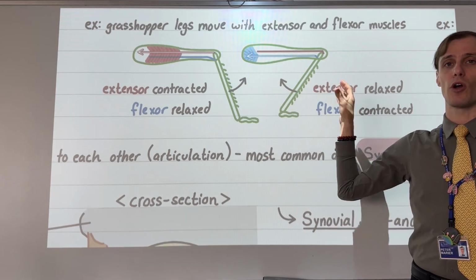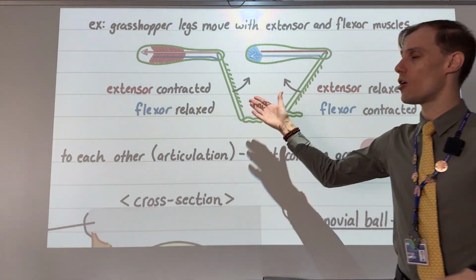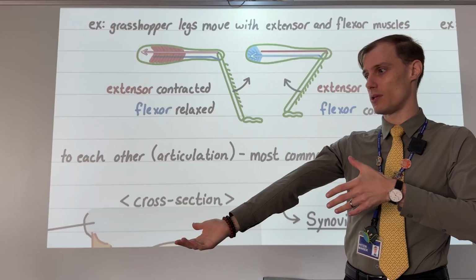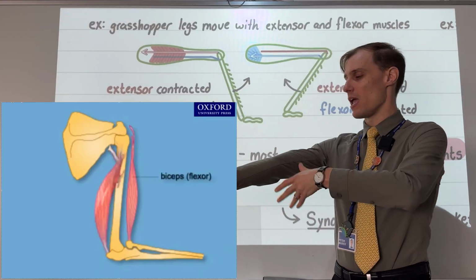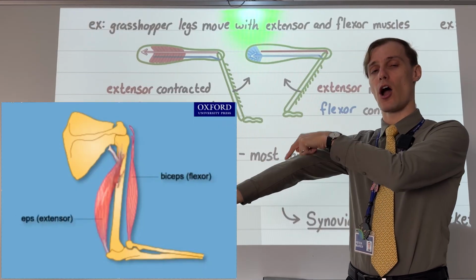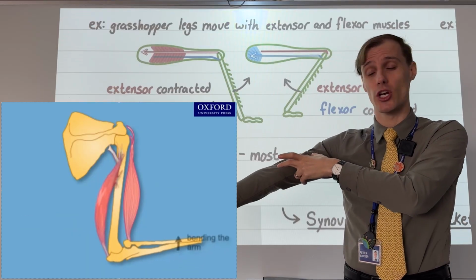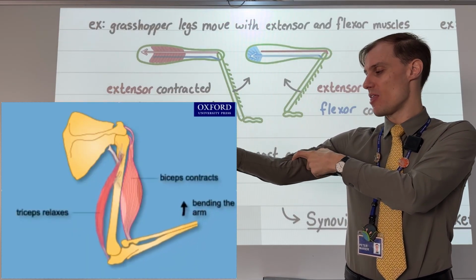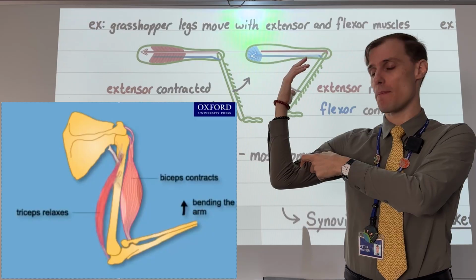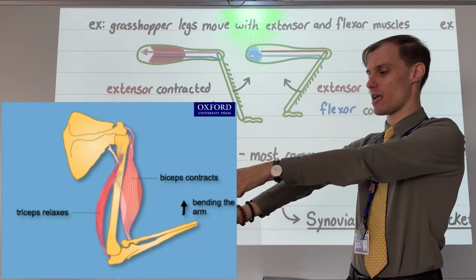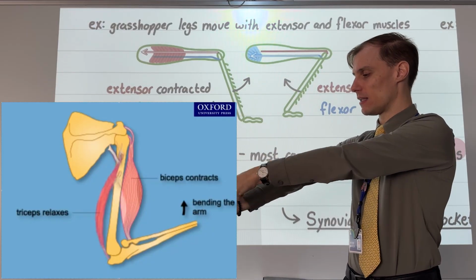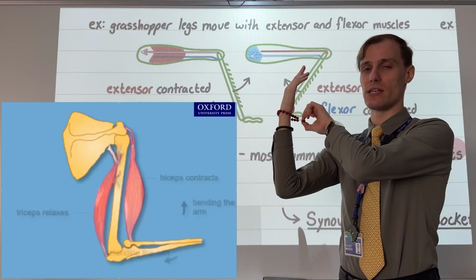So these work antagonistically. This would also be true, again, in a very simple example of, let's say, your arm. If I want to pull my arm up, I'm going to contract my flexor, such as my bicep. This is pulling my arm up, because as this shortens, it's almost like, imagine a rope on my hand, literally pulling this up.